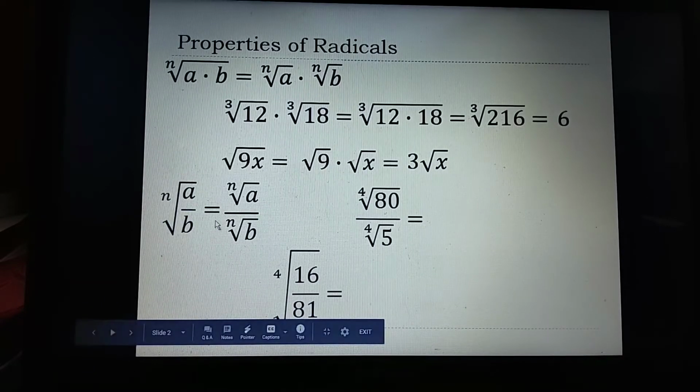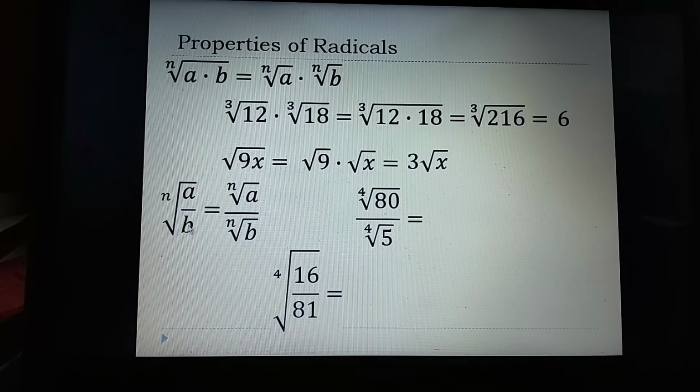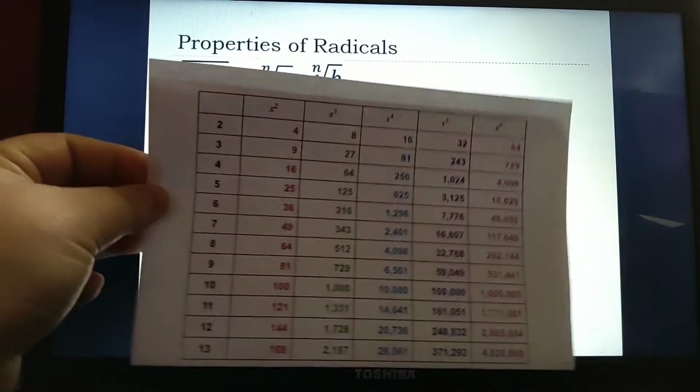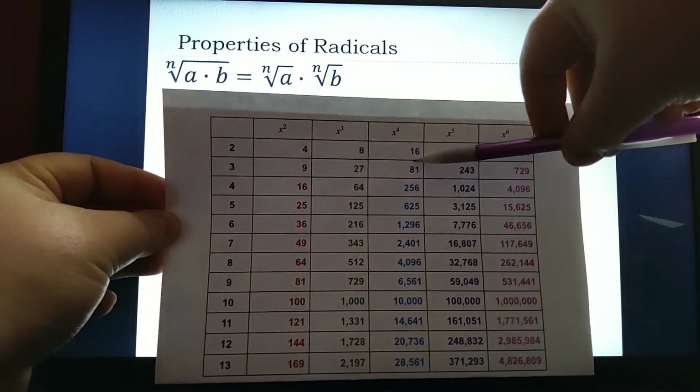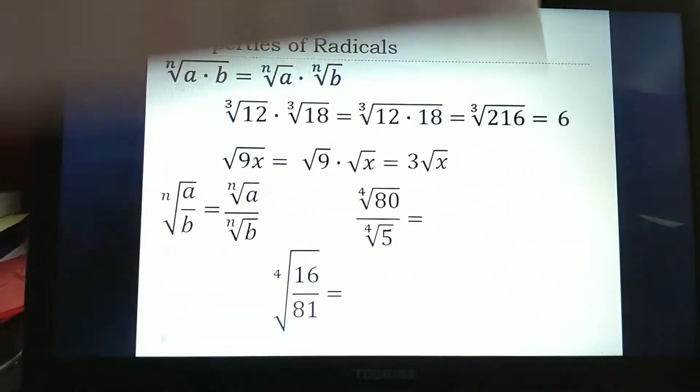Now if you have a fraction under a radical, it can either be split up into two radicals, or you can divide them. Or if you have them split, you can put them together. So let's say that we have the fourth root of 80 over the fourth root of 5. First thing you do is go and look at your fourth root paper. Here we see 81, not 80, and we definitely don't see 5.